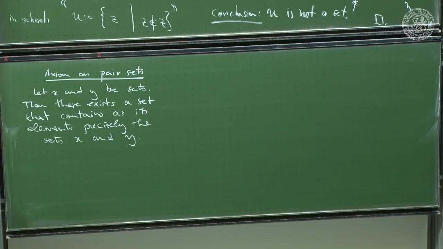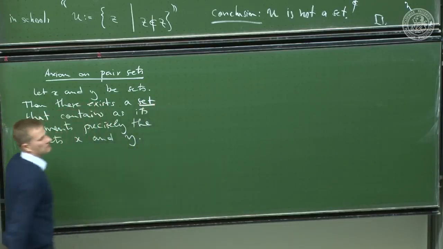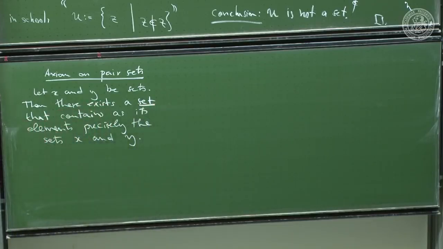That's it. And the key word is there exists a set. That means you take one set, you take another set, and you put them together as elements of a new set. And this new thing you constructed this way is a set. And that is what this axiom assures us of.